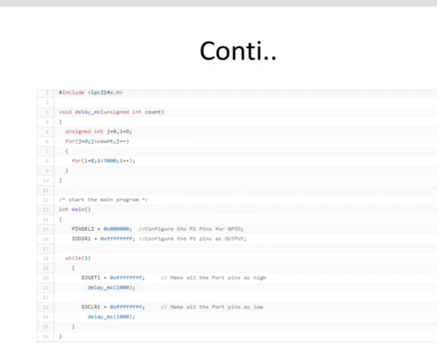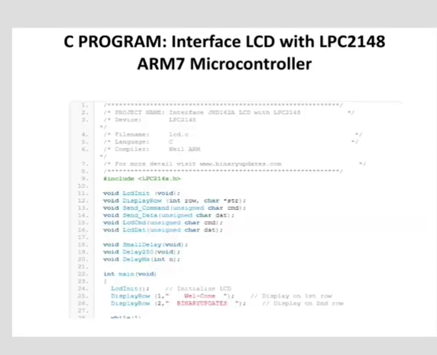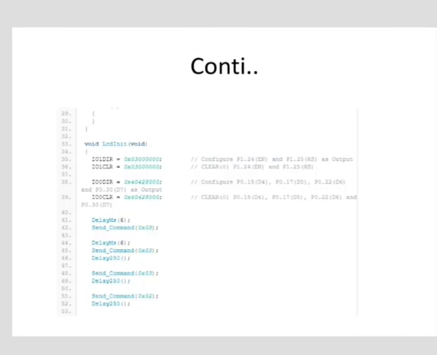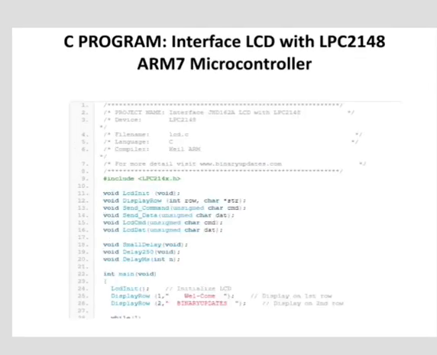So here is a program given for this. If we have a ready-made board, then just connect the P1.16 pin with a 1K resistance to the 5 volt supply.